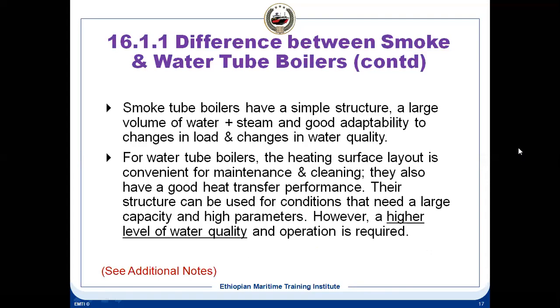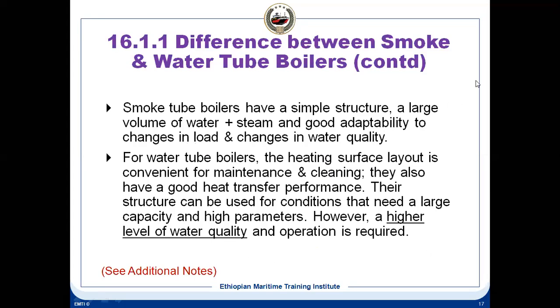The construction of a smoke tube boiler is comparatively much simpler. It's basically just a drum with some smoke tubes passing through it. It contains a large amount of water and steam, and it has got a good adaptability to changes in load and changes in water quality. So basically, as per the steam requirement, it can supply the steam when there are changes in the load.